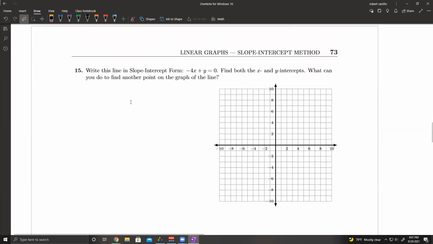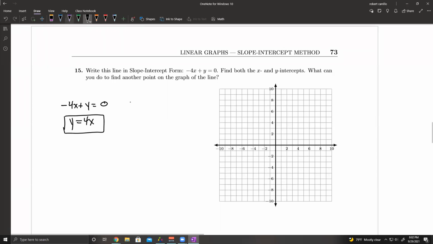Write the line in slope intercept form. Find both x and y intercepts, and what can you do to find another point on the graph? Okay, cool. So take this equation, negative 4x plus y equal to 0, and solve for y. So what do we add over to the right side? Negative 4, right? So you add it over, and we'll get y equals positive 4x.